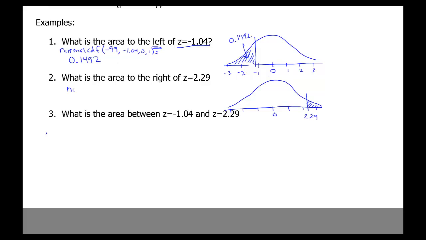So let's do that for the second one, normal CDF. The values that we're going to want to put in, the minimum now is our z-score 2.29, and we're going to the right, so our maximum is going to be 99, so we make sure we get as much as possible in that direction. Mean of 0 and standard deviation of 1.